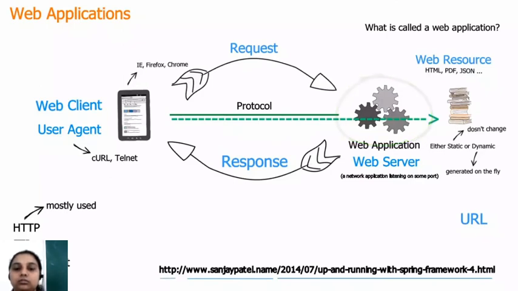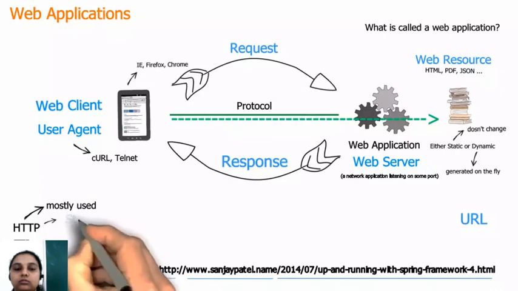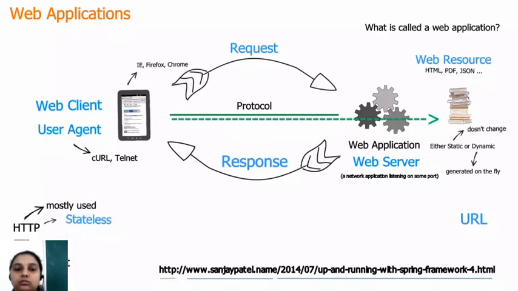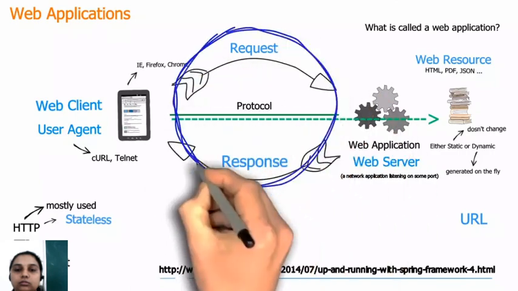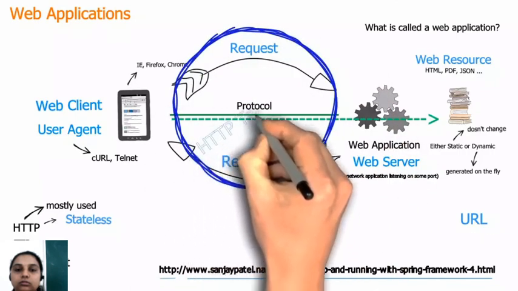That means next time, if the client sends another request to the server, the web server will treat that request as a new request coming from a new web client, and because of this nature, the HTTP protocol is called a stateless protocol. One pair of request and response is called an HTTP transaction.